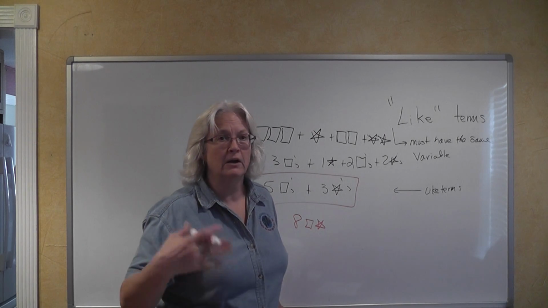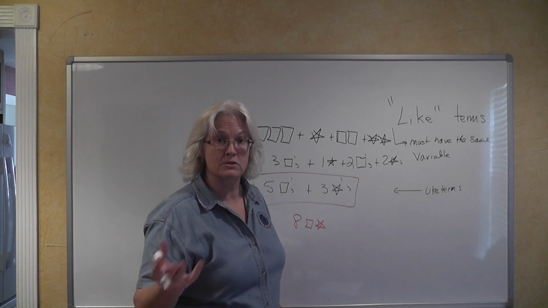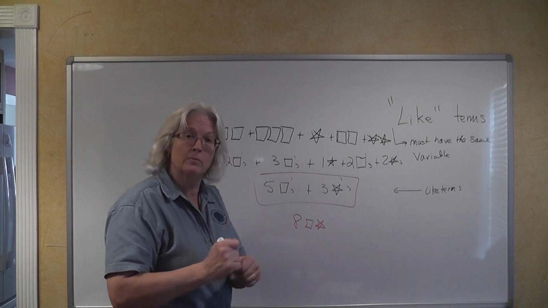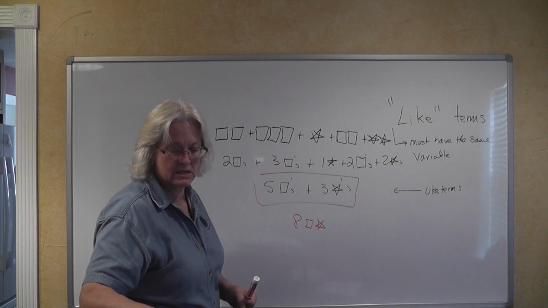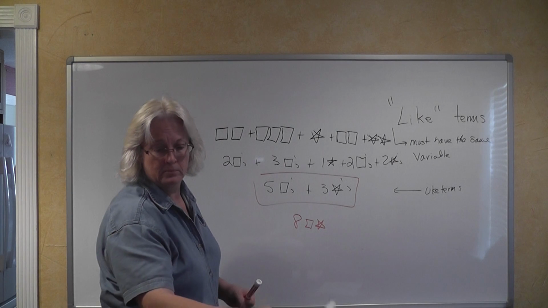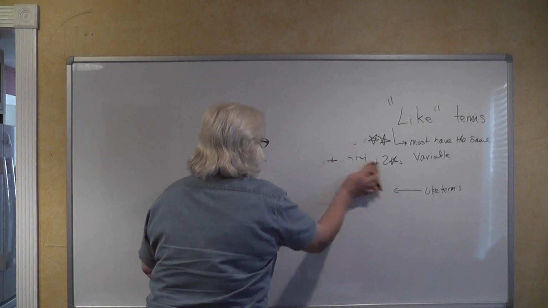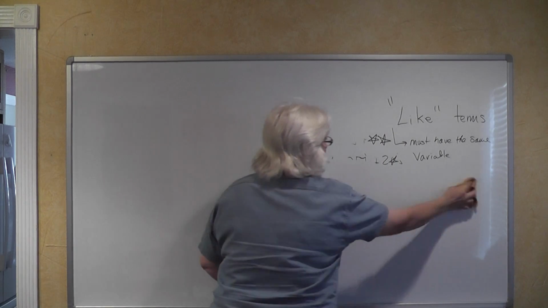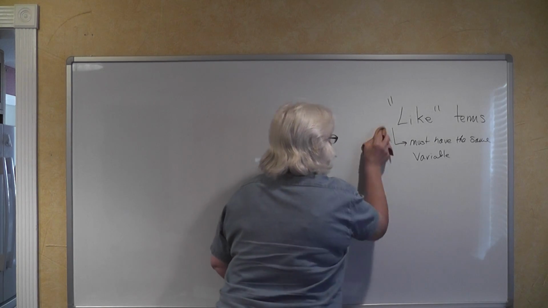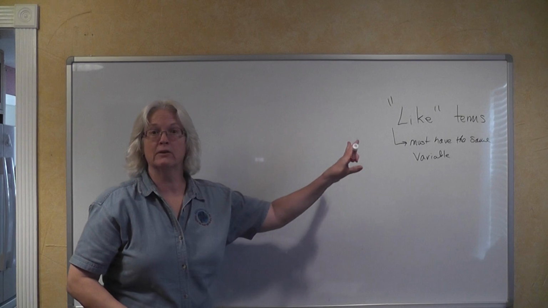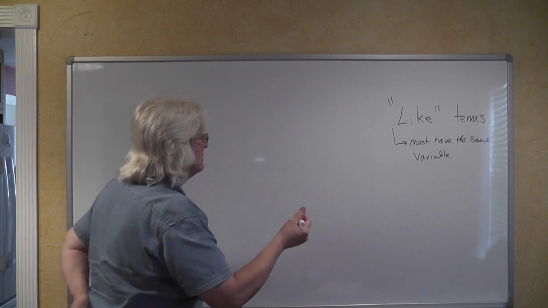You have 5 cats and 3 dogs. This is the concept of like terms, and it works exactly the same with algebra. So here are some examples of like terms and unlike terms. Remember, like terms have to have the same variable.